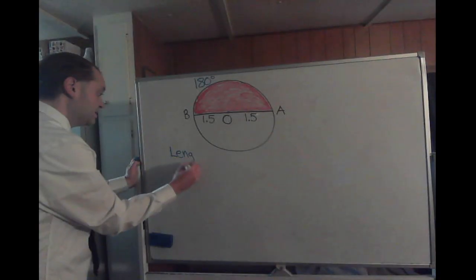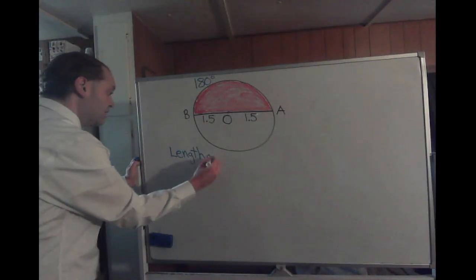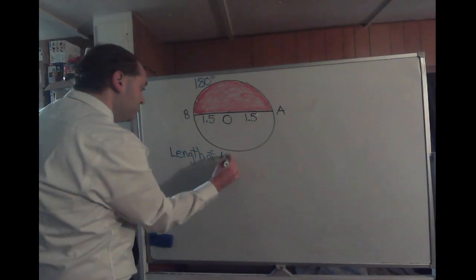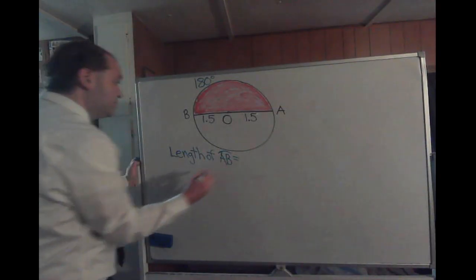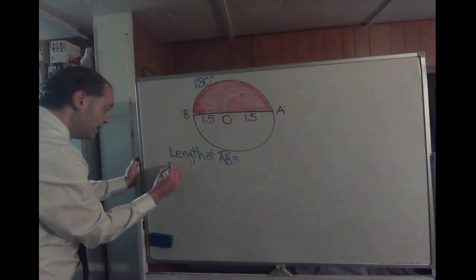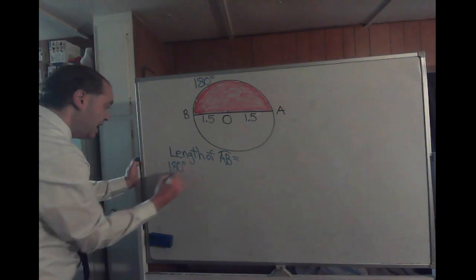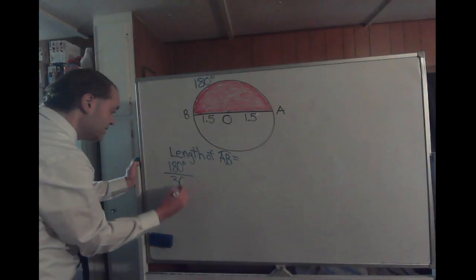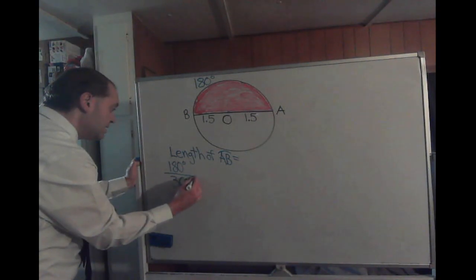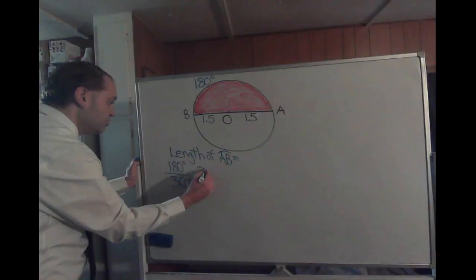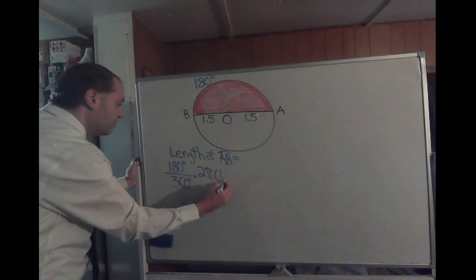So in this case, the length of arc AB is equal to, of course, your 180 degrees, which is the measure of the arc, out of 360 degrees, times your 2 pi times your radius of 1.5.